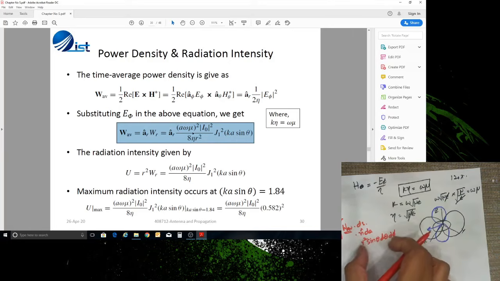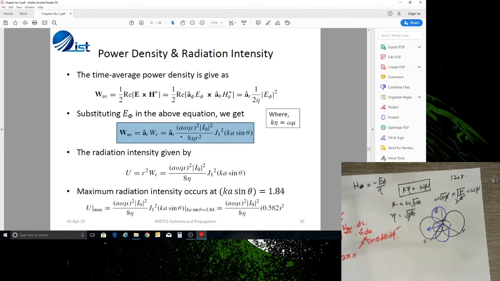If we multiply this with this expression, we can see this r square will cancel with this r square, and since we know that this whole expression is independent of phi, as we have been discussing so far, the outer integral over d phi will give you 2 pi. This 2 pi will also be multiplied by this W average expression.